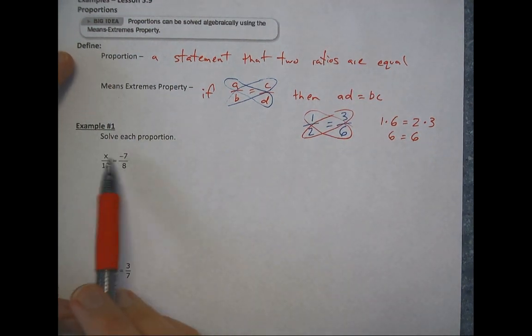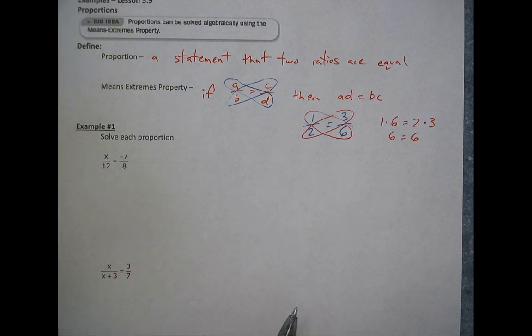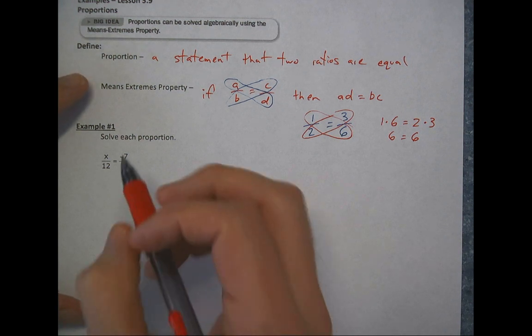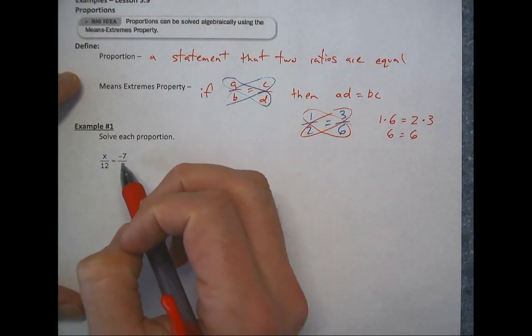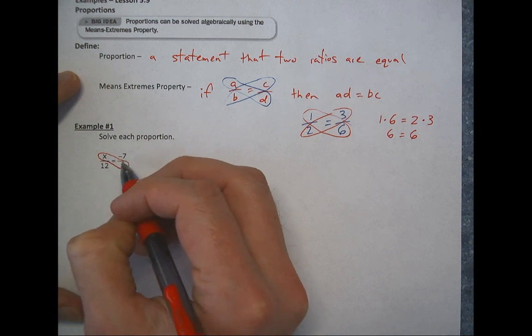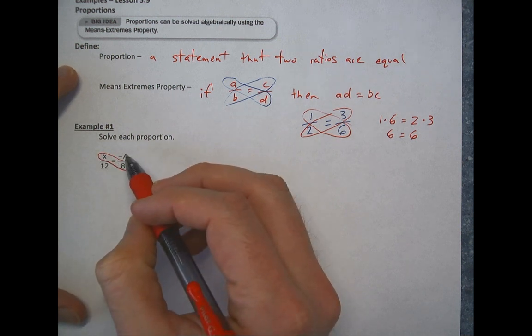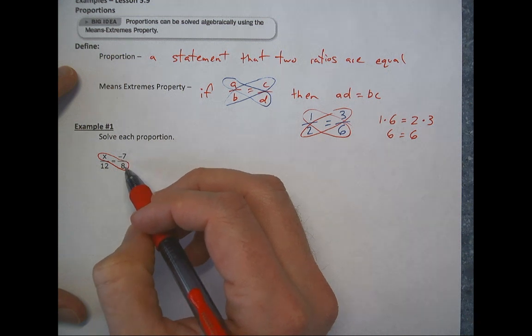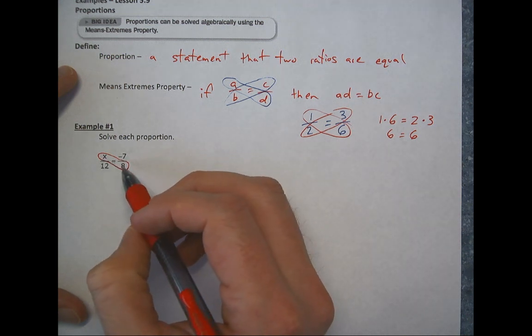So when we have a missing value and we have a variable here that we're trying to solve for, we're going to use this property to help us find it. So for now, if it helps you to draw the little loops on each one, go ahead and draw it. So something over 12 is equivalent to -7 over 8. So we're going to multiply these.